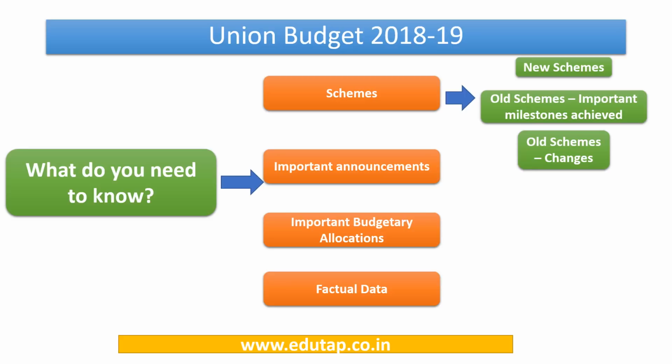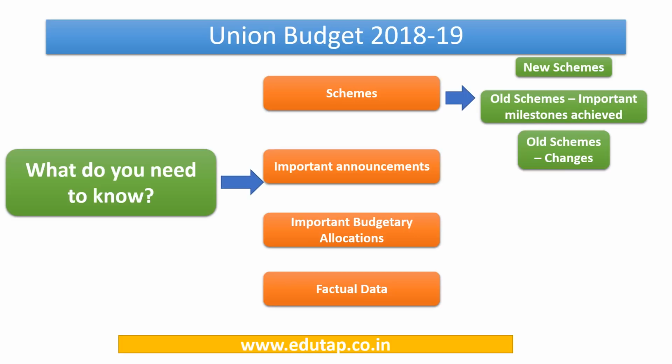Firstly, schemes play a very important role. There are many new schemes that are usually announced in the budget. There are many changes that usually are made to the old schemes. So we are going to have a look at what are the new schemes, what are the old schemes that have undergone changes and what are those changes.